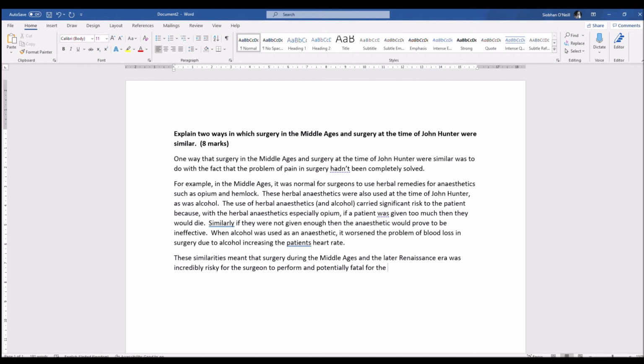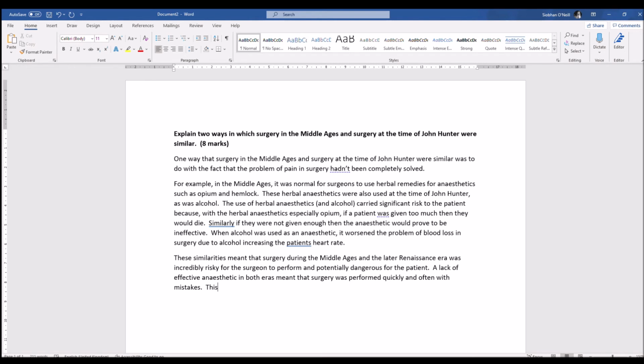I can't say fatal because you can't die from pain. A lack of effective anaesthetic in both eras, because I can't say they didn't have any, because they do have some, they're just not particularly good, meant that surgery was performed quickly and often with mistakes.